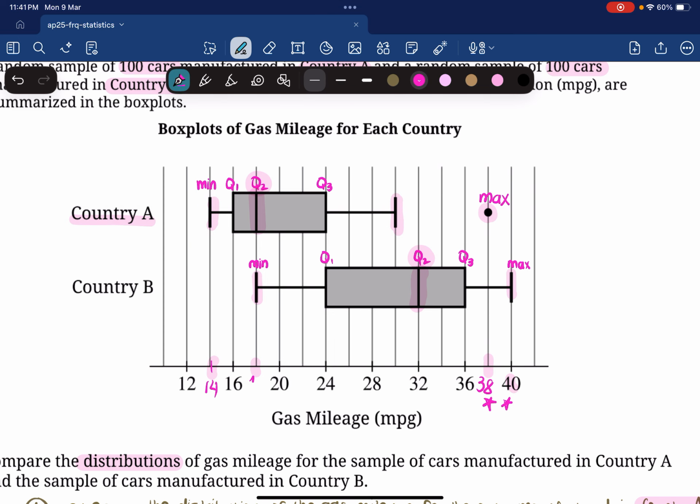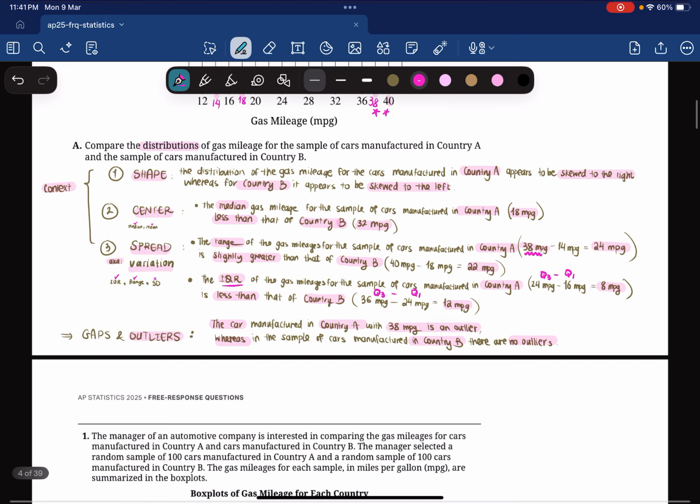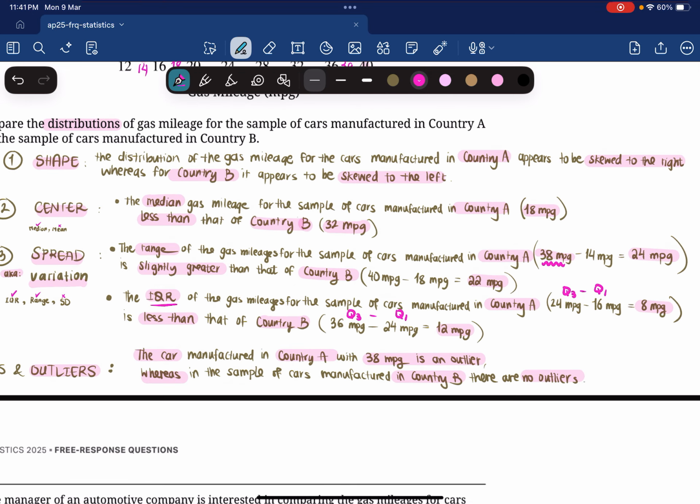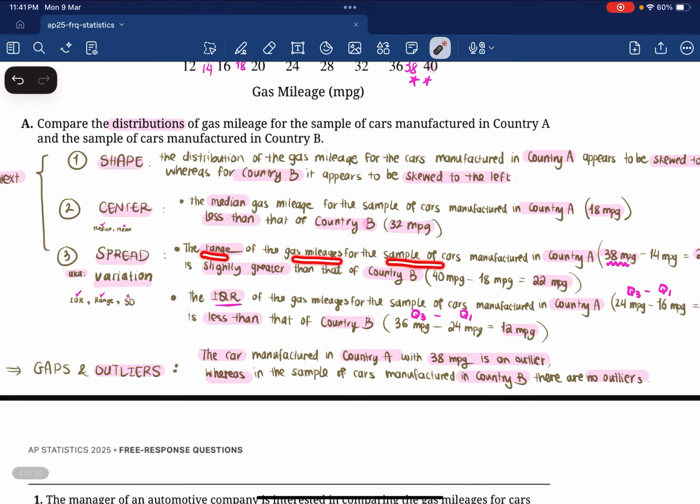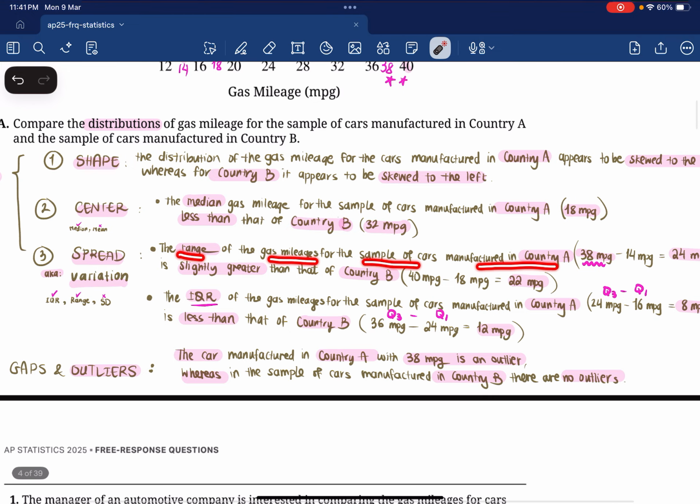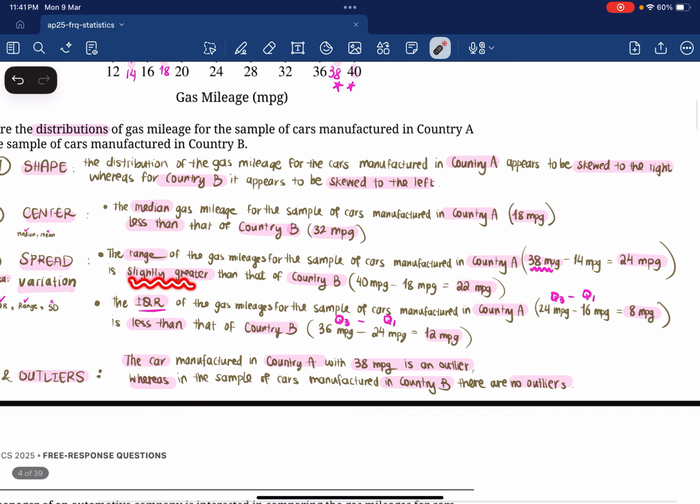So you do 40 minus 18, you get 22. And so the range of the gas mileage for the sample of cars manufactured in country A is slightly greater than that of country B. 24 is a little larger than 22.